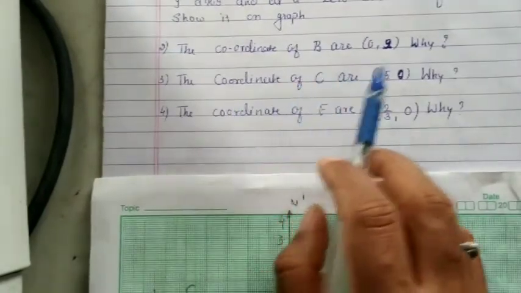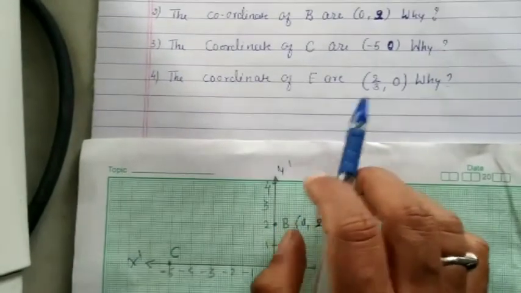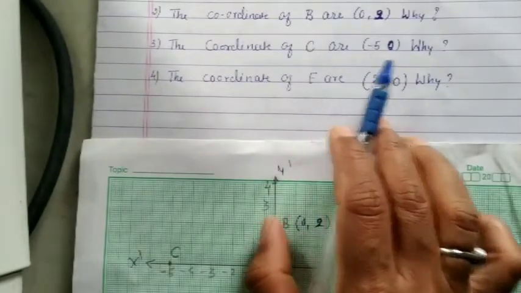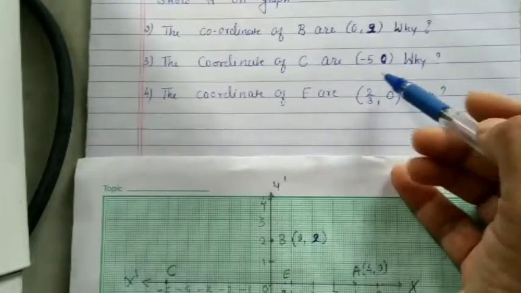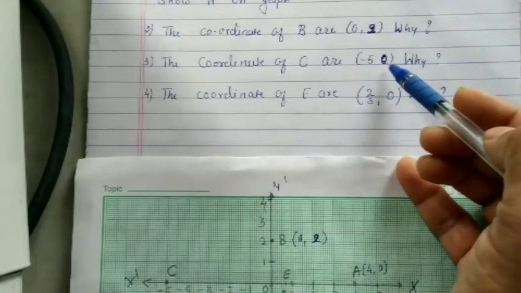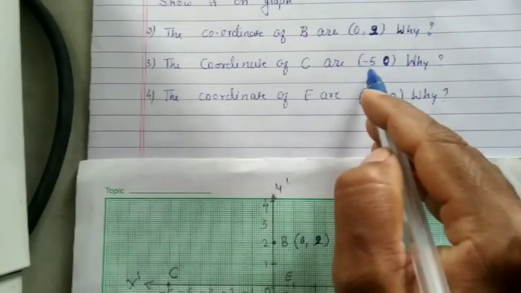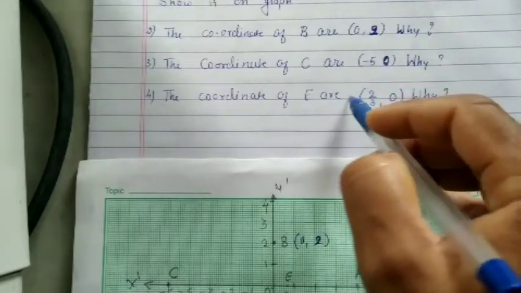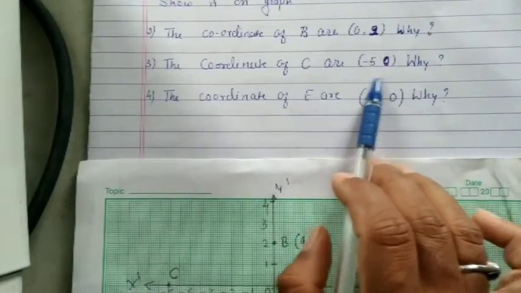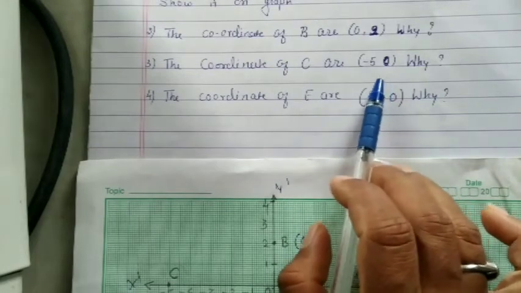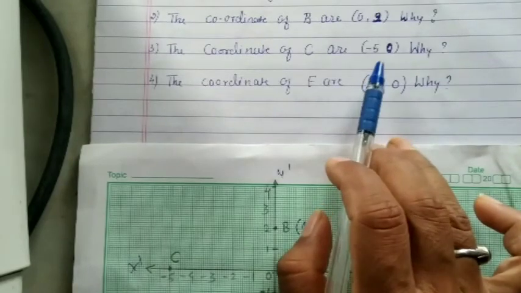The coordinates of C are minus 5 and 0. Now you can see that here the x value is minus 5, and the y value is 0. Just now I said, when the value on any one axis is 0, then that coordinate point will be on the other axis. So here the value of x is minus 5. By just looking at this value, you can say where it should be. It is on the x-axis.